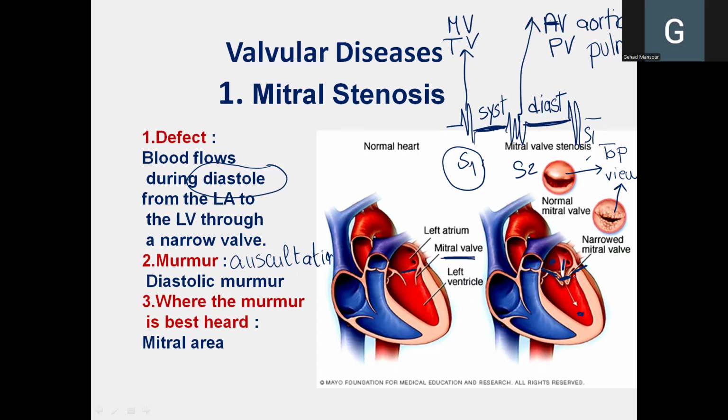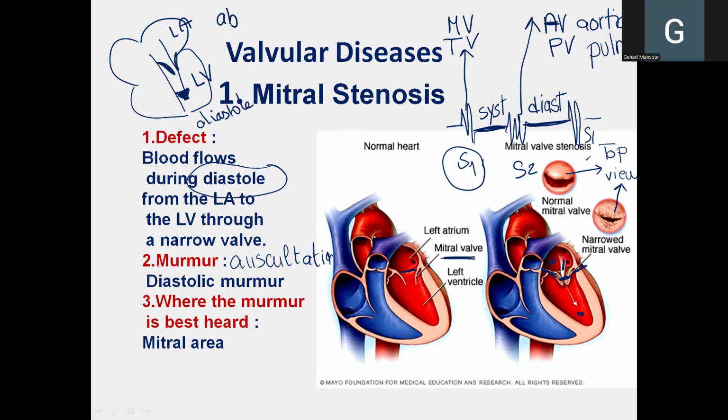So if there is a problem during passage of blood from the left atrium to the left ventricle because of a narrowing in the mitral valve, this means that there will be an abnormal flow of blood from the left atrium to the left ventricle during diastole, during relaxation of the left ventricle.